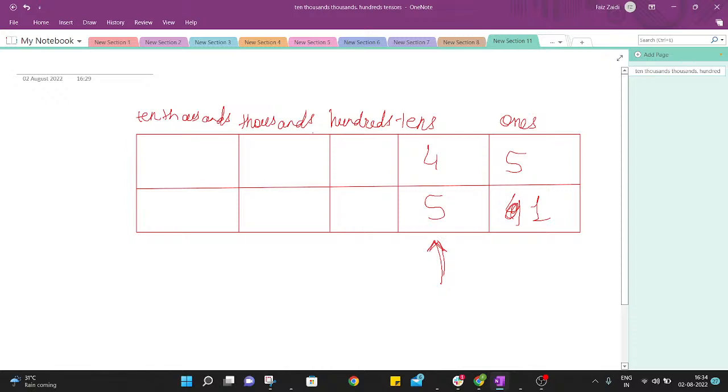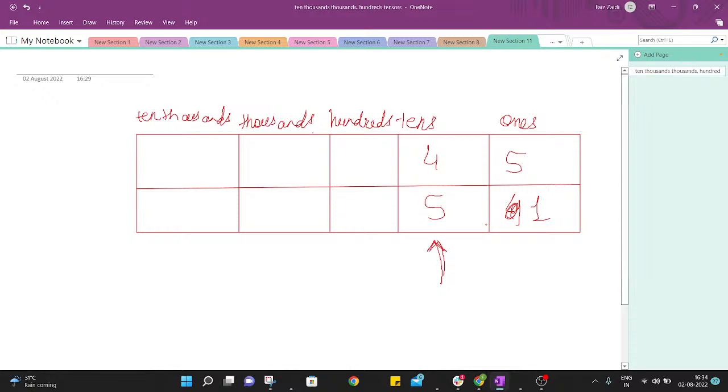So what I am trying to say is, first we compare the largest place value, and in 45 and 54 the largest place value is the tens place value.